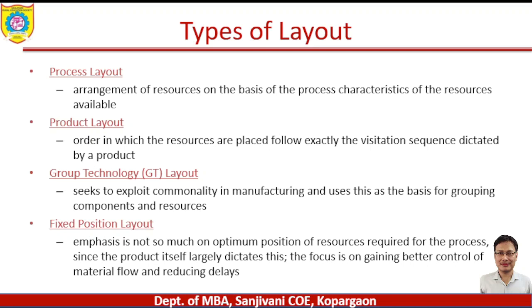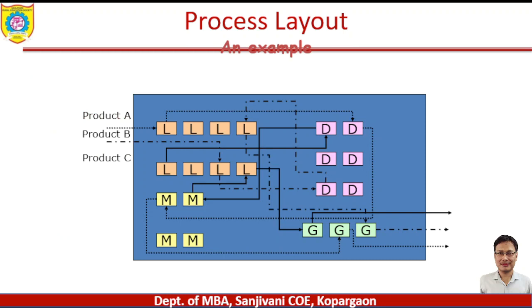Examples of this type of projects are a ship, a highway, a bridge, a house, and an operating table in a hospital operating room. Here in this slide, we can see the process layout for products A, B, and C, where resources and machines having similar functions are put together in one place or department.